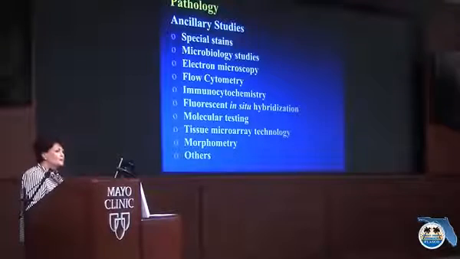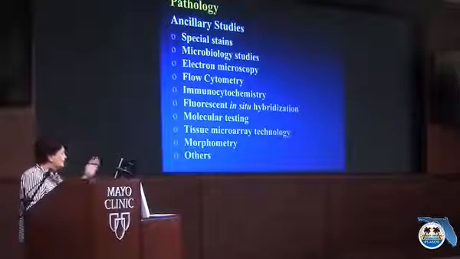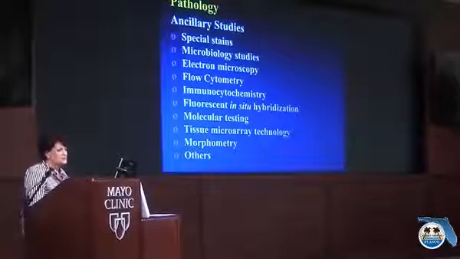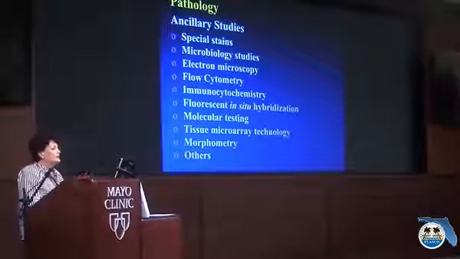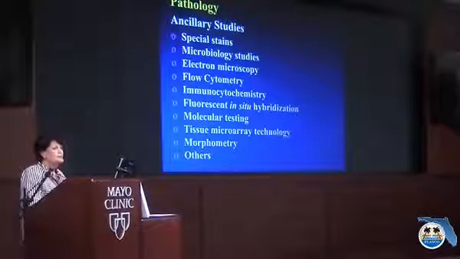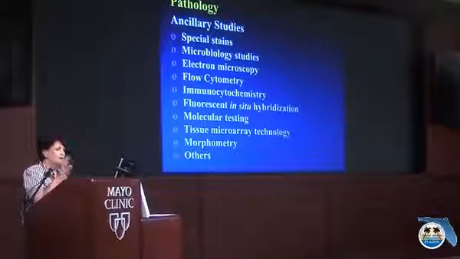The expectation is that pathologists use this technology based on the need of that specific case in order to provide a good diagnosis. And if their own laboratory has no ability to do that, the expectation is that they find a CAP, College of American Pathologists, accredited lab, and send it to those laboratories to provide the information.